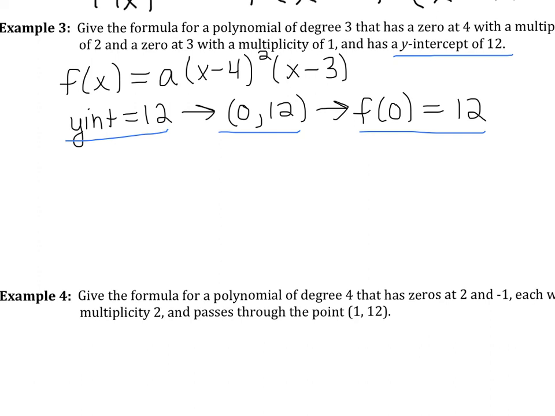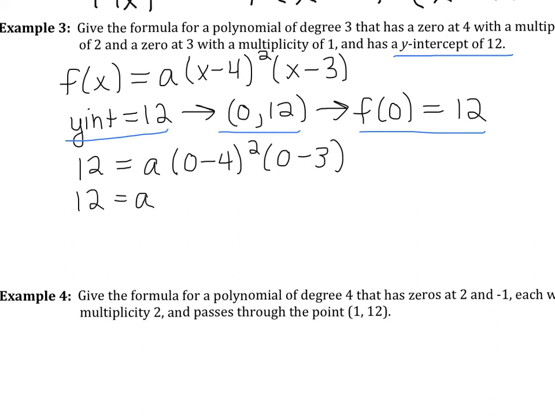So let's plug in the point temporarily and use that to solve for a. Okay, so when x is 0, I output 12. So 12 equals a times 0 for x, and 0 for x here. And then we just do some algebra. So 12 equals a times, well, let's see, negative 4 squared is positive 16, and then 0 minus 3 is just negative 3.